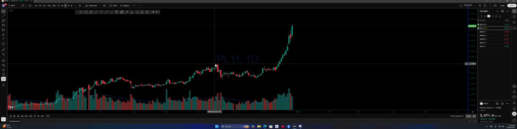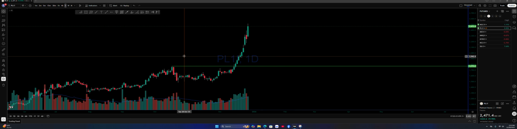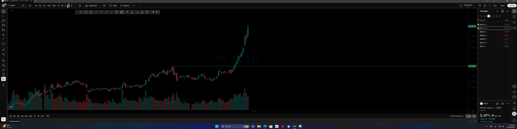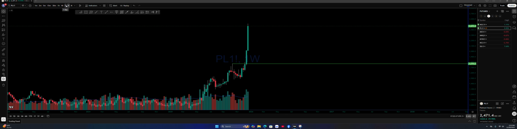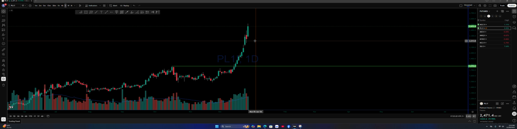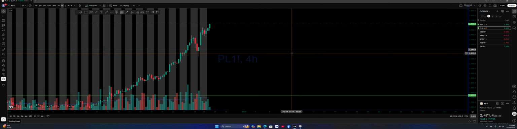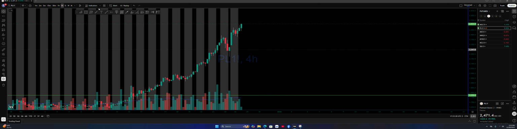So yeah, this would be resistance turn support. That's on the daily. Wow, that is insane, the move this thing has made. 4-hour time frame. Okay. See a trend line here.